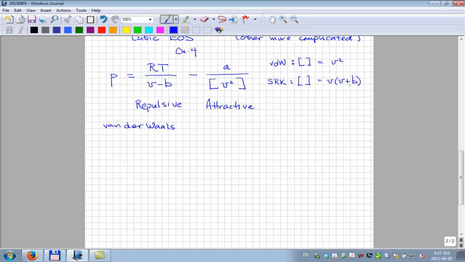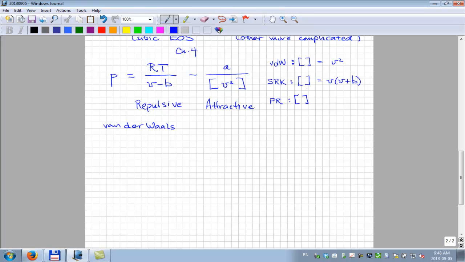So they threw in the b term, but you see it's got V squared plus bV. And then the last one came around the late 1970s, 1977, I think. Just the year before I came to Norway, not that that's anything special. Peng and Robinson.